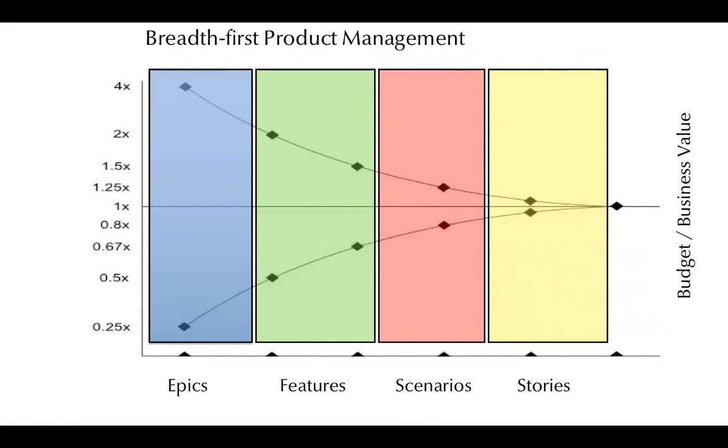We've identified how we expect to change the behavior of that market segment for that epic, or those market segments for that matter. We may have a lovely idea, but if we don't change someone's behavior, then we can't have any impact. So we have to have an understanding of how we expect to change their behavior, and then what we need to deliver to achieve that. So that's sort of the epic level of this.